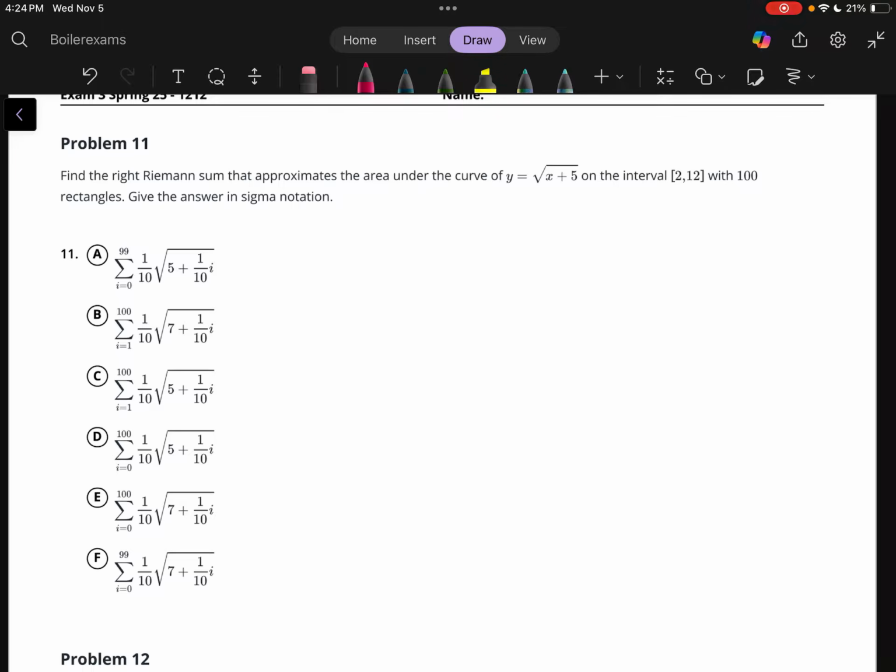Okay, so let's just quickly recap what a Riemann sum is. A Riemann sum is an approximation of an integral. So we draw rectangles of equal widths with one end of the rectangle on the curve.